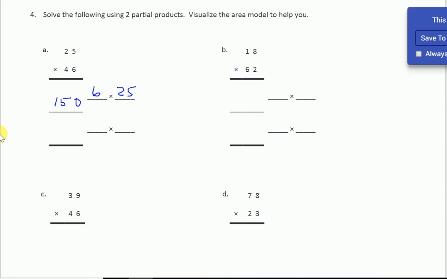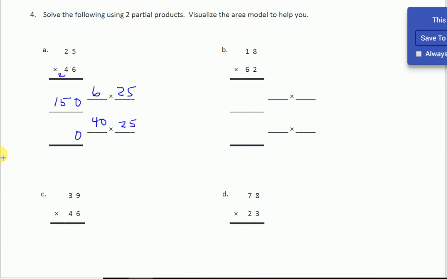Okay. And then we want to make sure we get rid of that 3 there for the next part. For the next part, it's going to be 40 times 25. When we do this, we just look at the 4. 4 times 5 is 20.